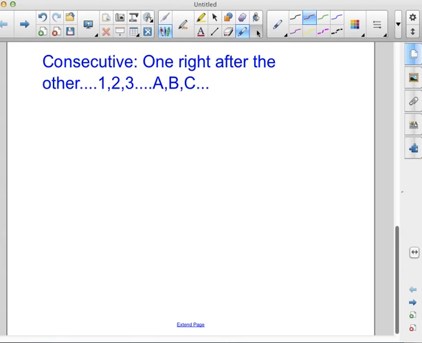You can also have consecutive even numbers, which would be 2, 4, 6, 8. Notice I said consecutive even numbers. You can even have consecutive odd numbers, 1, 3, 5, 7. But I have to stipulate what consecutive means. If I'm not saying a special consecutive, it's one right after the other. That's what it means. One right after the other.